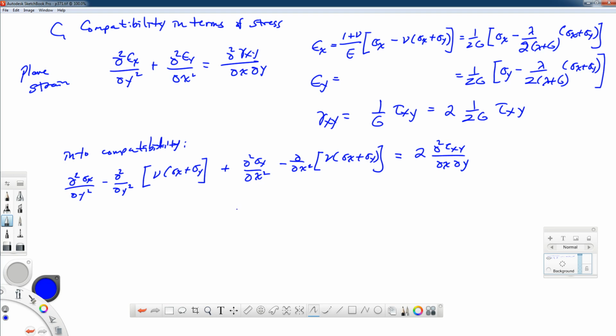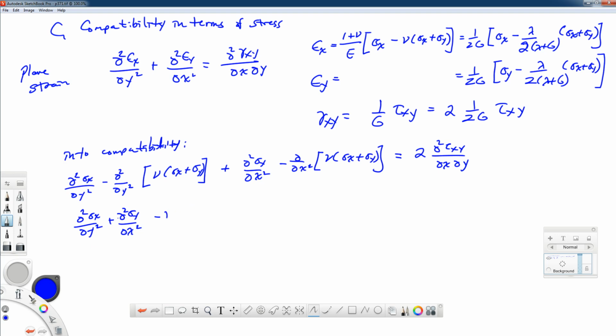Now let's group some terms together. I have the second partial of sigma x with respect to y, and I have the second partial of sigma y with respect to x. I have terms that are sigma x plus sigma y times nu.